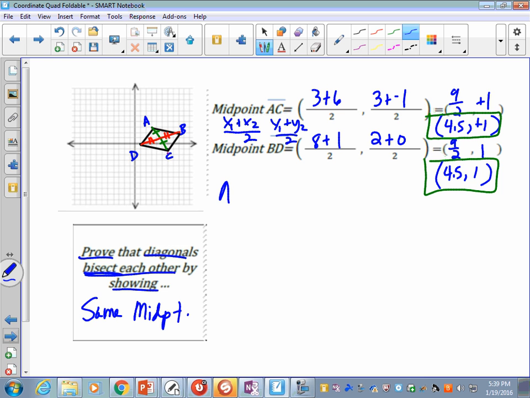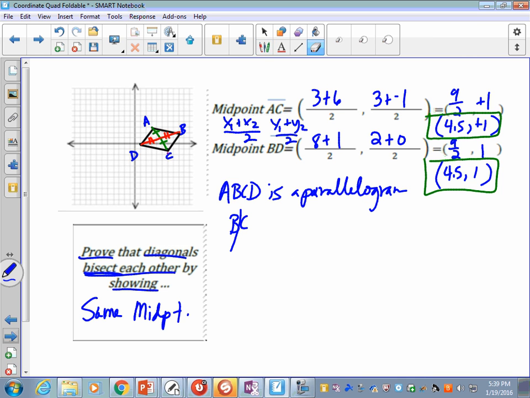So I can state that ABCD is a parallelogram because AC bisects BD and BD bisects AC.